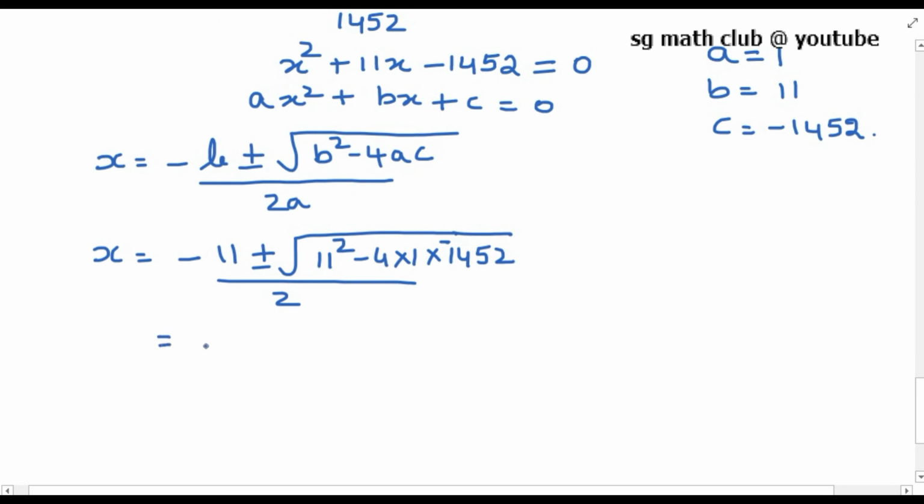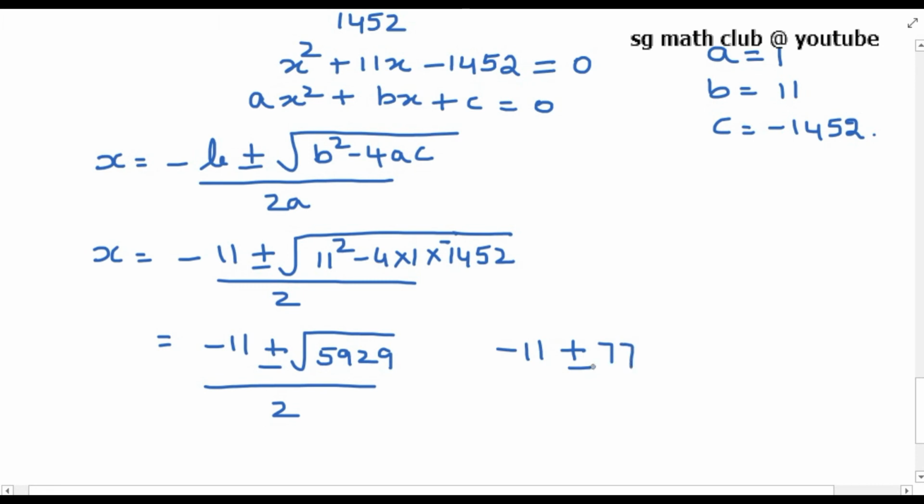So when you simplify this, we have minus 11 plus or minus square root of 5929 divided by 2, and that is minus 11 plus or minus 77, square root of 5929 is 77, divided by 2.